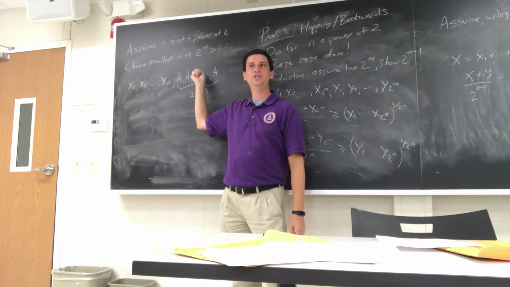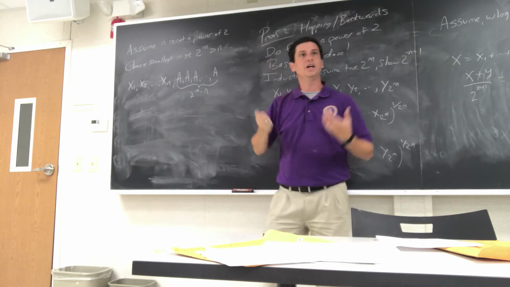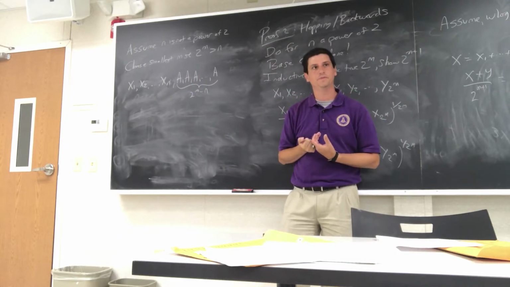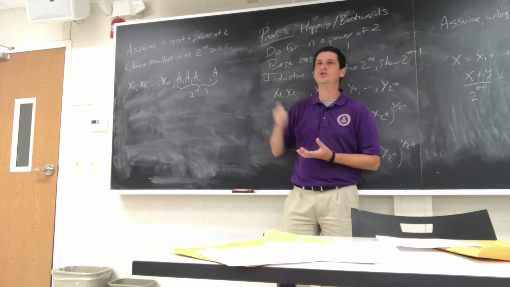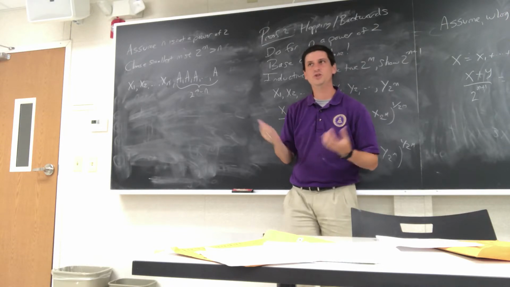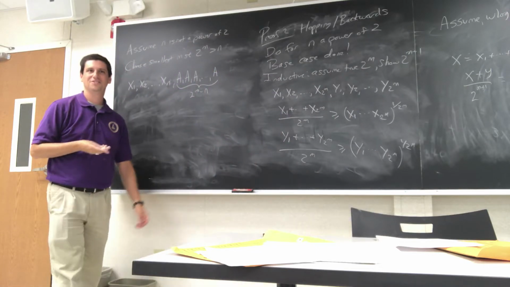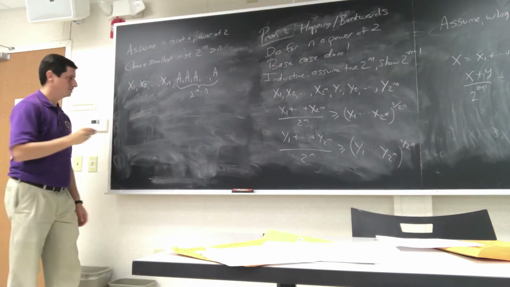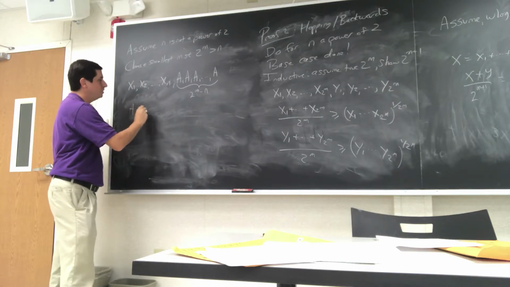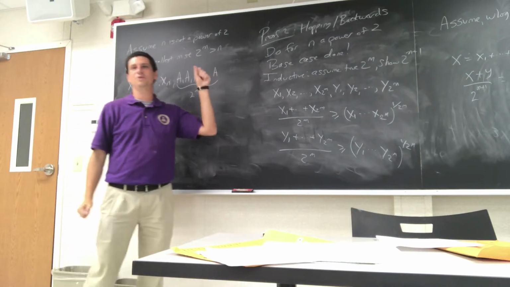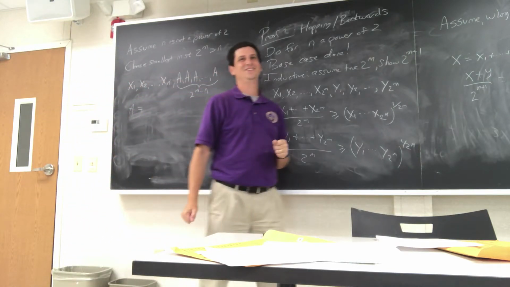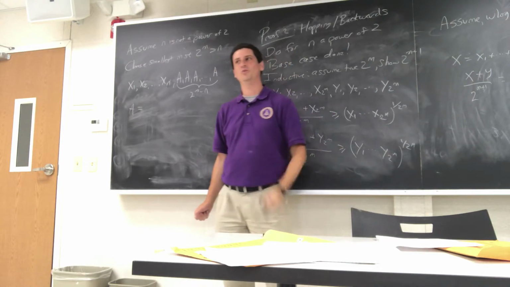I'm now in a situation where I can use the arithmetic mean-geometric mean inequality, because we know it holds for powers of 2. The question is, what's a good choice of A? Can you give me some candidates? Who are our contenders? 0. 0 is definitely a possibility, but if we put in 0, then the product is 0 and it becomes trivial. 0 is not bad, but 0 does not work.